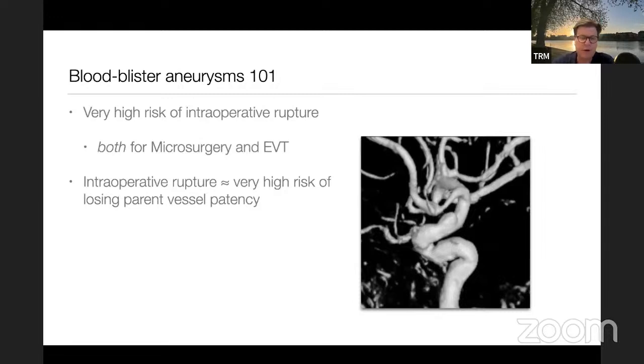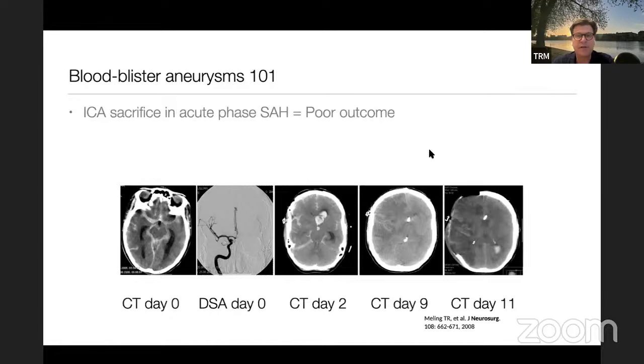Of intraoperative rupture, we know this even from the best of hands, I think from Barrow. They have a 40 to 70% intraoperative rupture risk. So it's a question of what to do. What we know you should not do is sacrifice the ICA in the acute stage. Here we have a patient with subarachnoid hemorrhage.